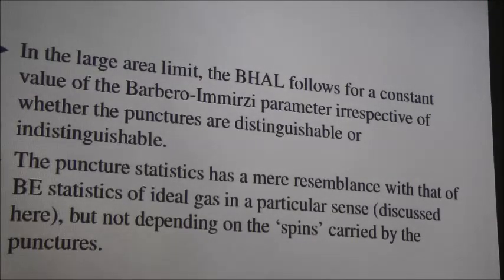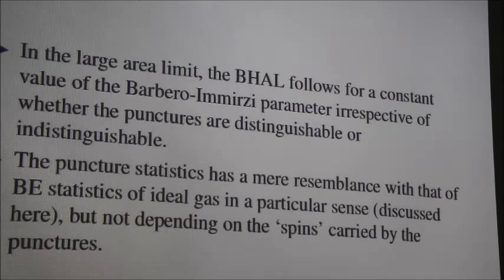So from here I can conclude that whether we consider indistinguishable punctures or distinguishable punctures, the Bekenstein-Hawking area law can be obtained for a constant value of gamma. The physics still remains the same, and the only difference is the order of gamma which gets determined here.